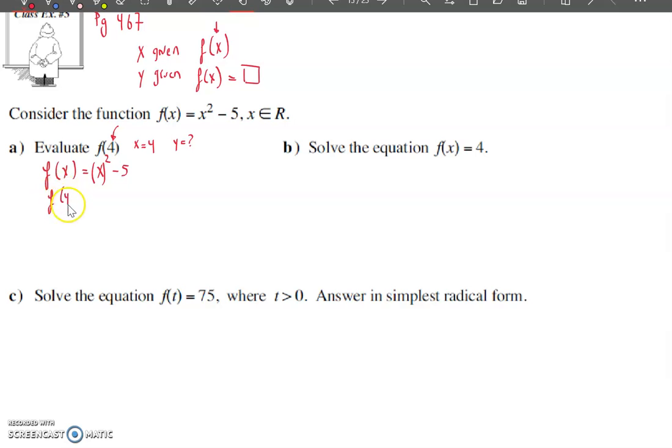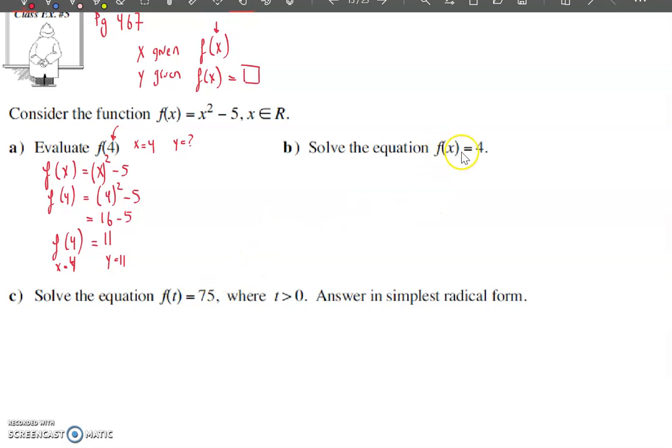So that means f of 4 is equal to 4 squared minus 5. So that means it is 16 minus 5, and I can say f of 4 is 11. So I'm saying when x is 4, y is 11.